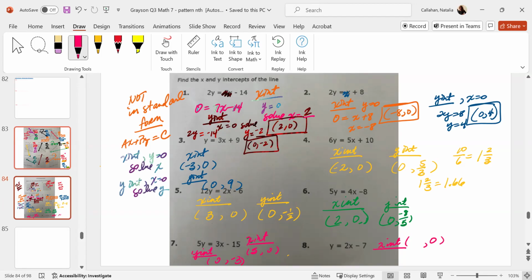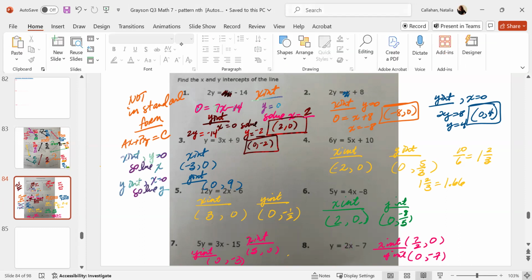Y is 0. And then y-intercept is? X is 0, negative 7. If you cross out this, y equals negative 7. Okay, that concludes everything for this.